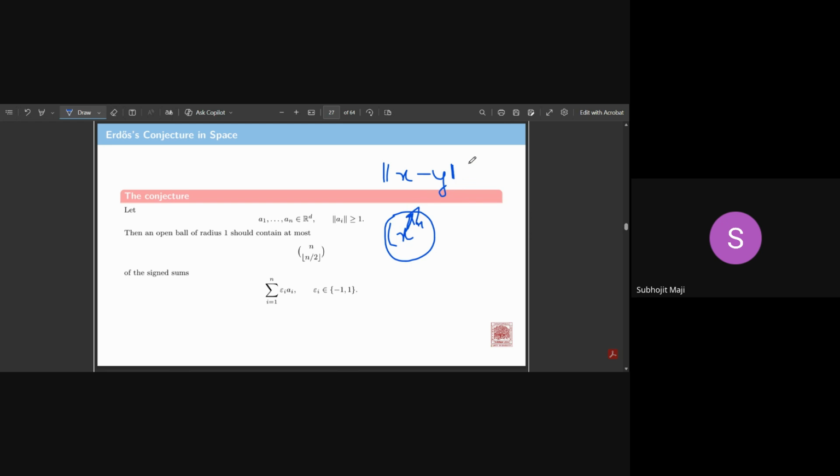Now I want this to be less than or equal to r, and all those points y that satisfy this relation form my ball of radius r. Now why it is open or closed is not something to be understood by high school students, but you can think of it as an open interval or something like that.